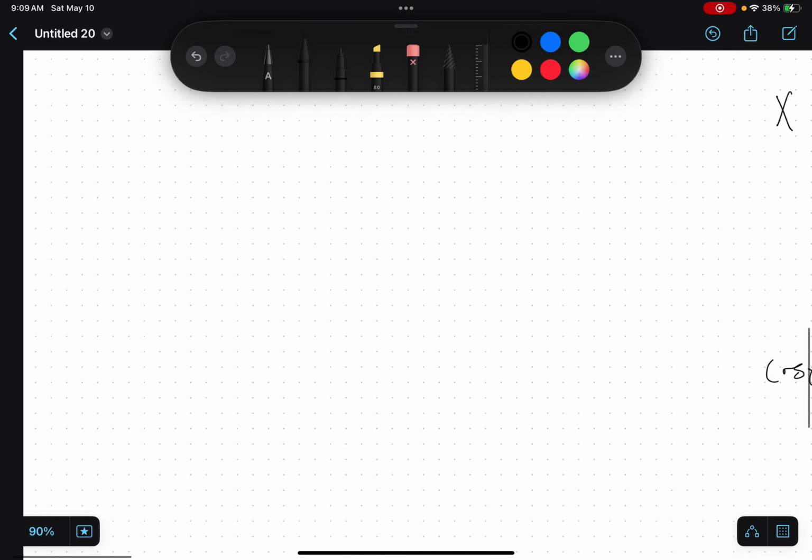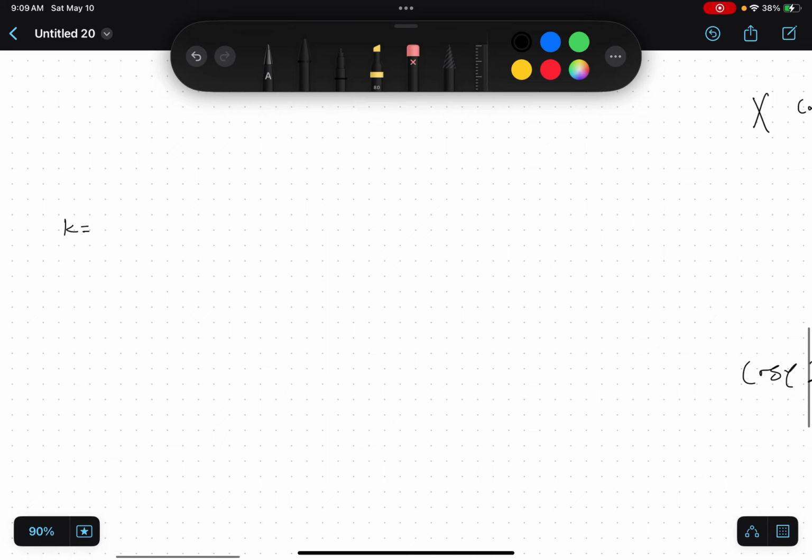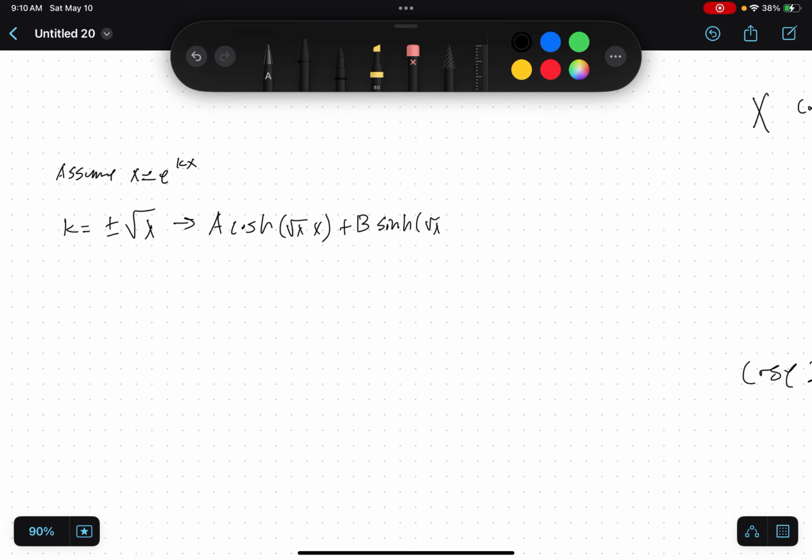If we get k equals plus minus root lambda, our solution is in the form of a hyperbolic cosine of root lambda times x, plus b hyperbolic sine of root lambda times x.